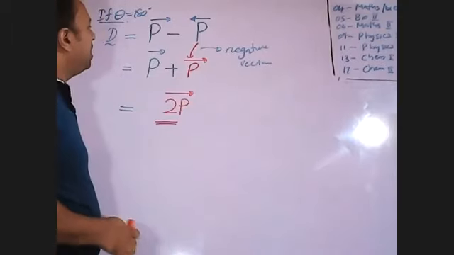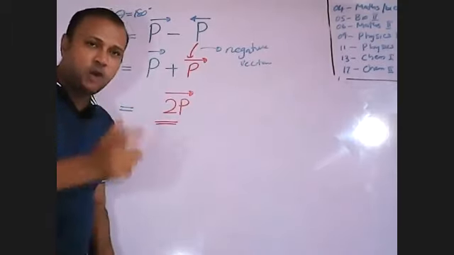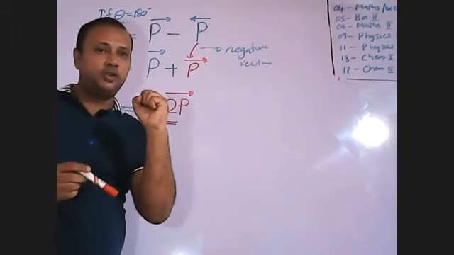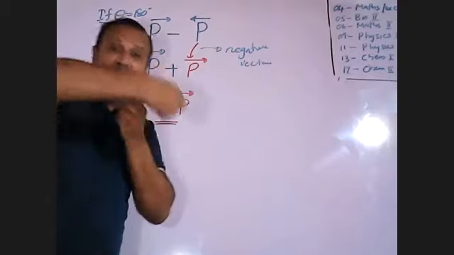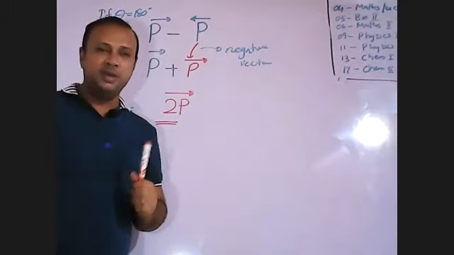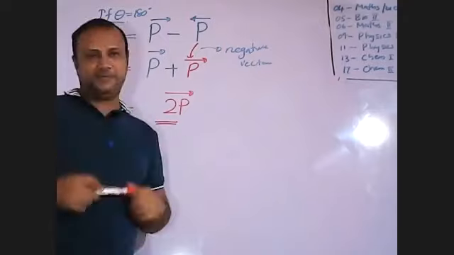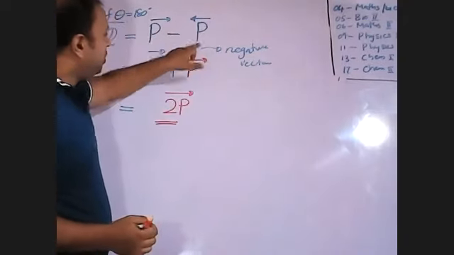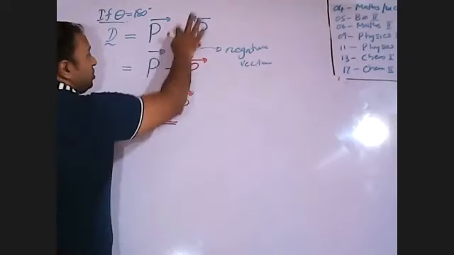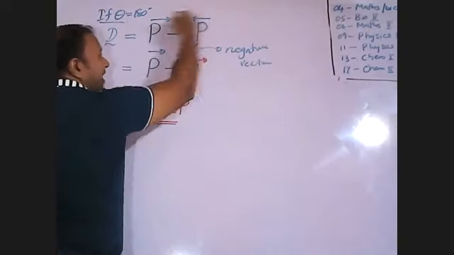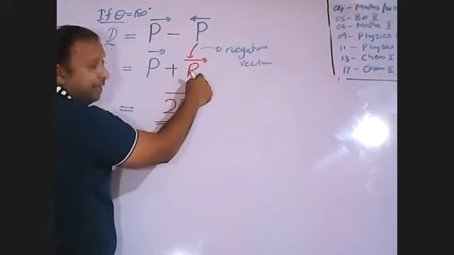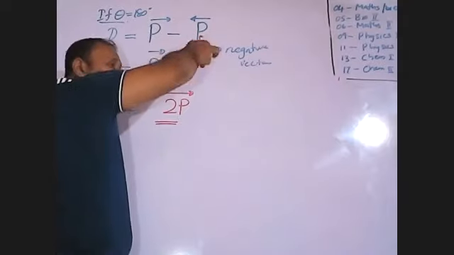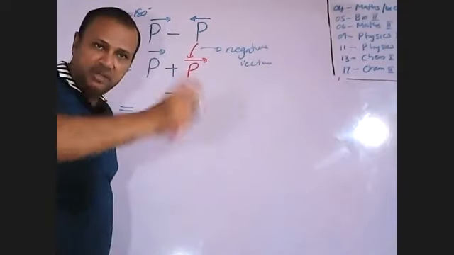Okay. How to take the negative vector? The negative vector is the vector which is equal in magnitude, but its direction is opposite to the first vector. Initially, the vector is on the left-hand side. So if I take the negative vector, the magnitude is the same, but I have to reverse the direction.